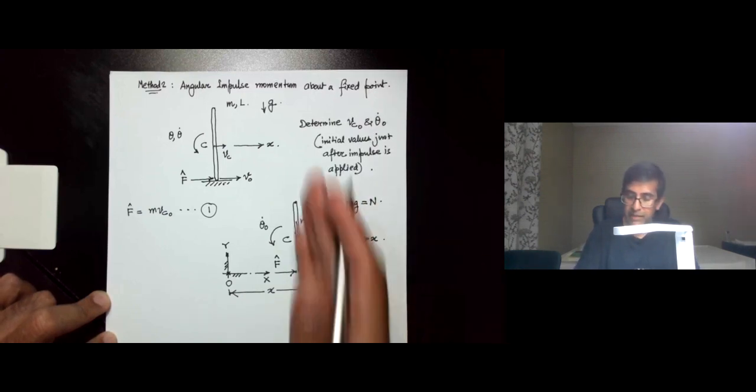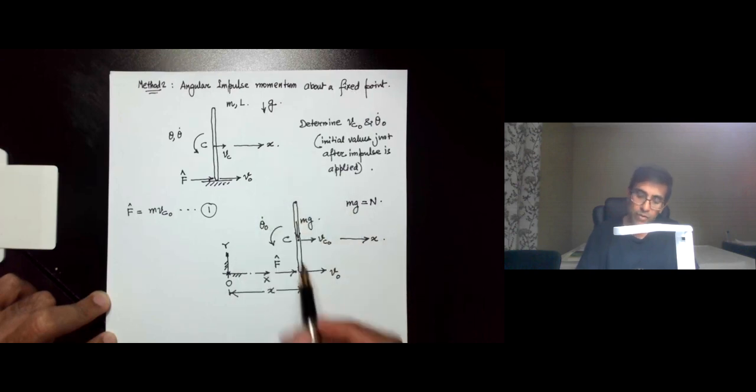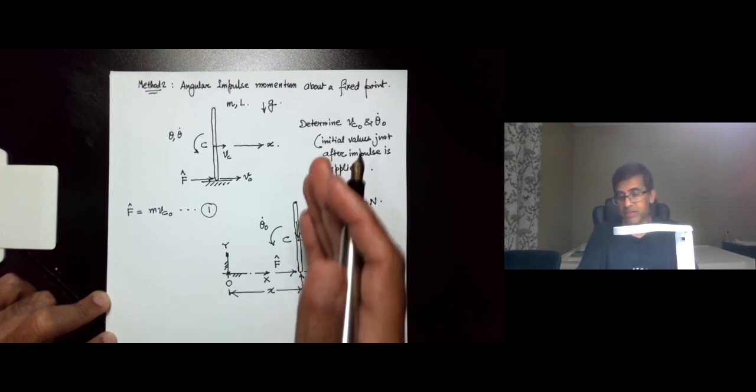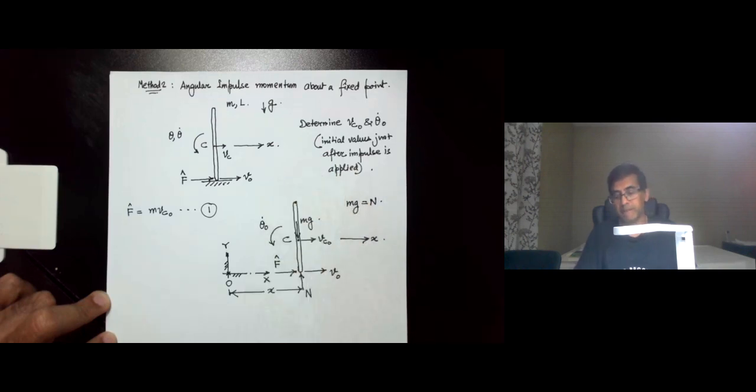So mg and n, the forces cancel and they do not produce any angular impulse about the point O. Previously, about the point C as well, they did not produce any impulse because these forces were passing through the point C at the instant when the impulse is applied.